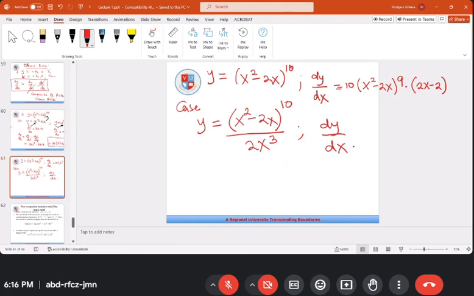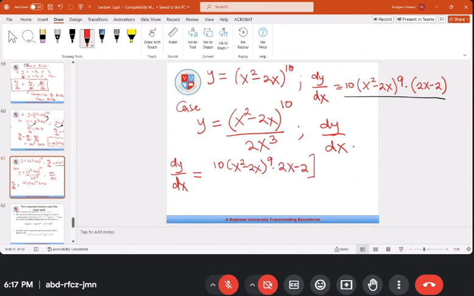Here, it is a quotient, so you must use the quotient rule. Which says that dy/dx is going to be the derivative of the first expression, whose derivative we have already got. If you had not got it, you should have gone through the same process, and come up with 10 times (x squared minus 2x) to the power 9 times (2x minus 2).